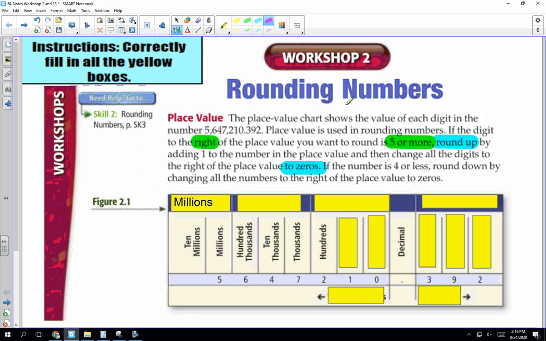If the number to the right of the number you're rounding to is 4 or less, you round down, by keeping the number where it is and everything to its right becomes zeros.